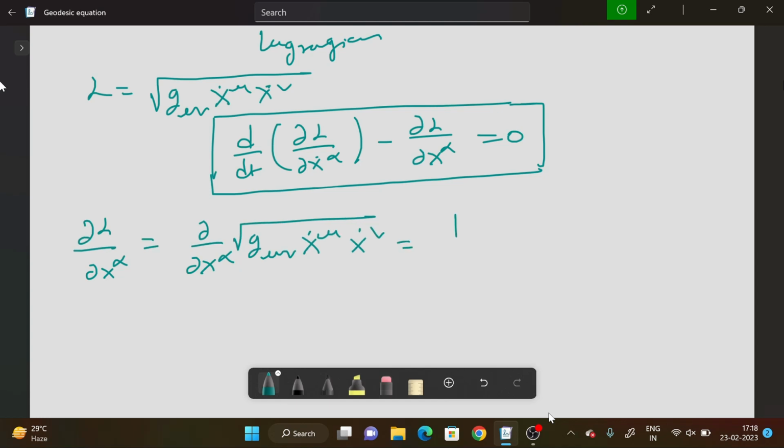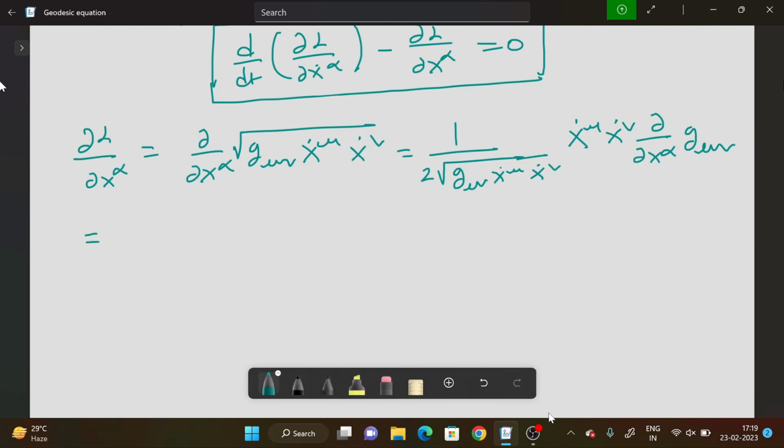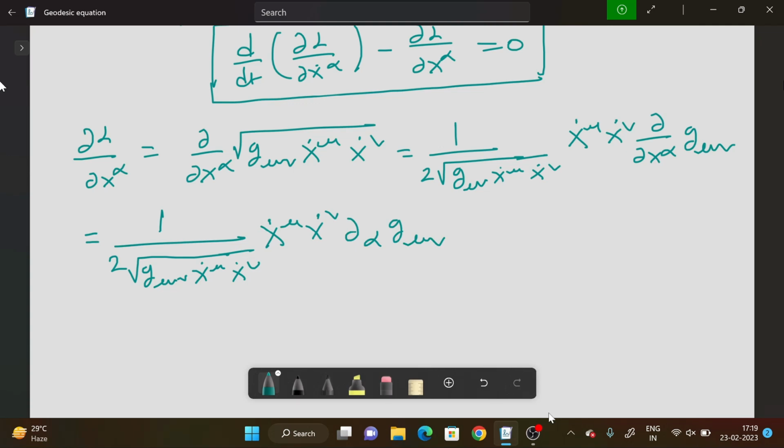This is going to give us 1 upon 2 times the square root, times x dot mu x dot nu and the derivative of the metric tensor. This can be simplified and written as 1 upon 2 times the square root of g mu nu x dot mu x dot nu, times x dot mu x dot nu d alpha g mu nu.